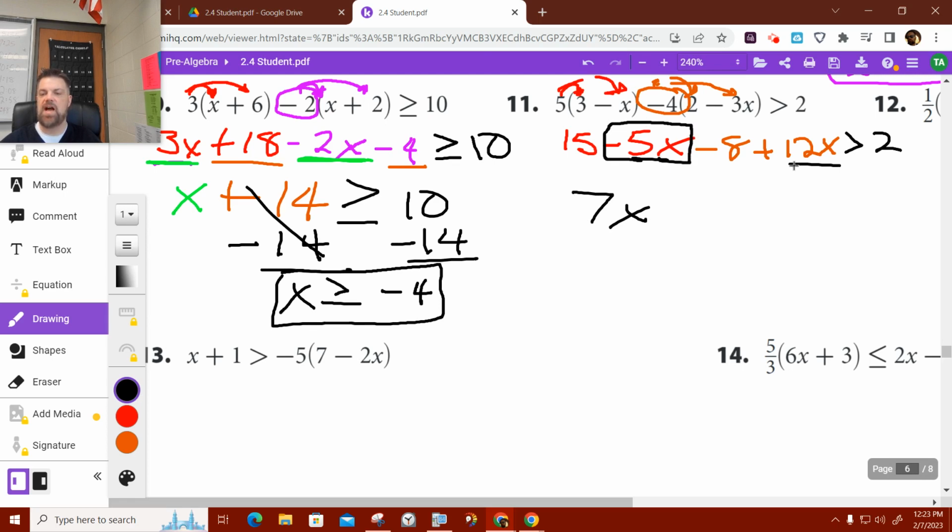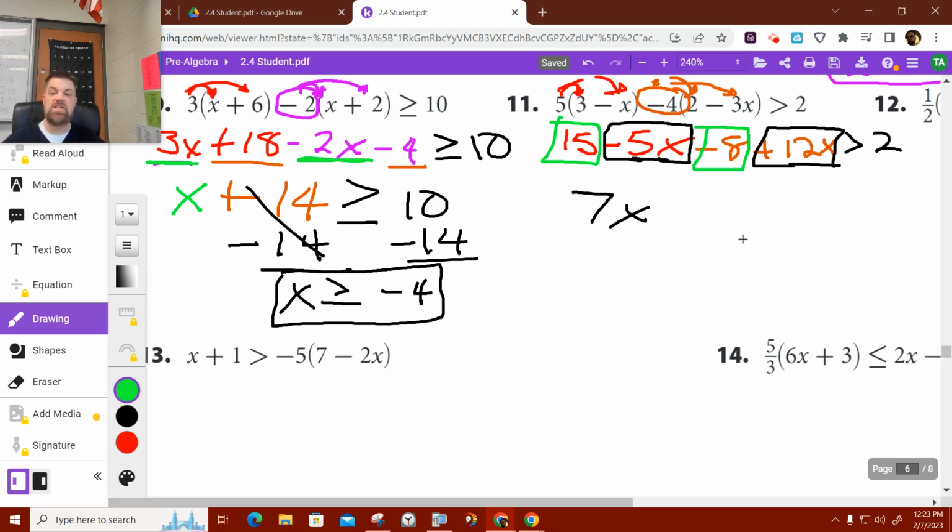I say it, but I don't know if you guys always look at the screen. I'm looking at the screen. I don't know if you look at the same spot. I'm taking 12 and subtracting 5 from it, and that leaves me with 7x. Now, for the next thing that we must do, I need to take 5, which is a constant, and negative 8 and combine them, which is also constant.